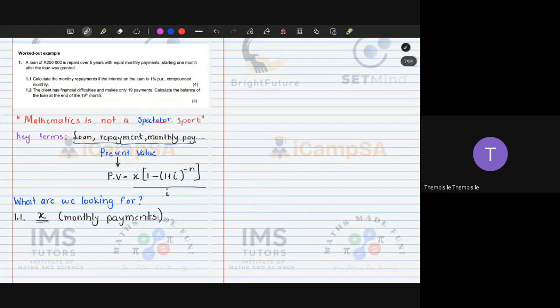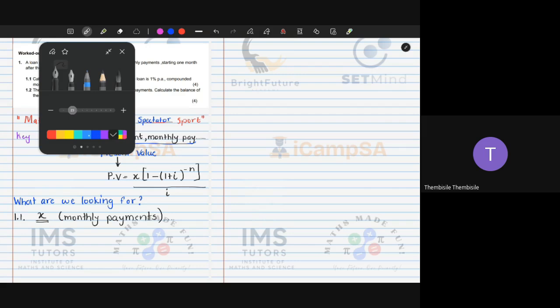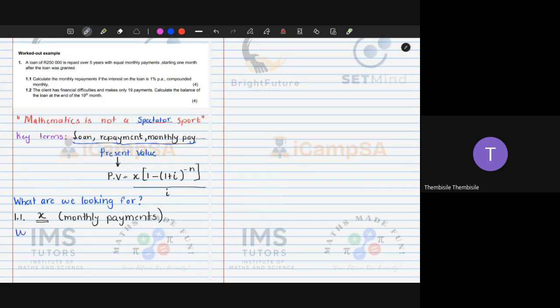We're trying to find x. So if you look at our equation, I can actually solve for x. Guys, if we quickly make x the subject of the formula, I'll show you how we do that. But other people usually prefer plugging in. So maybe let's plug in. It will reduce confusion. So remember, after figuring out what are we looking for, we ask ourselves, what do we have?